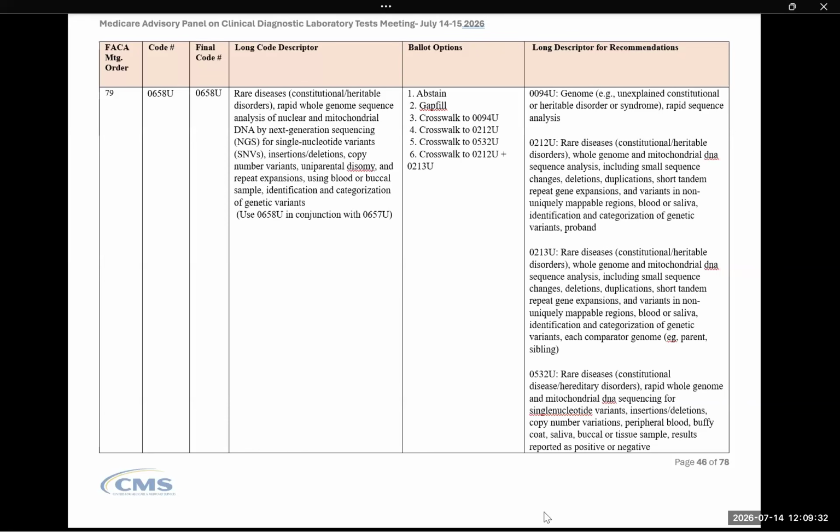When the panel reviewed, we did identify alternative options, and the panel landed on a crosswalk recommendation of 0212U plus 0213U for this test. And then the other optional crosswalks, as well as abstain and gap fill, are available for selection. All right, do we have any questions from the panel or CMS on these codes?